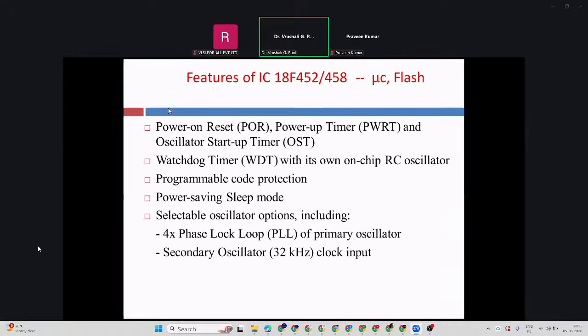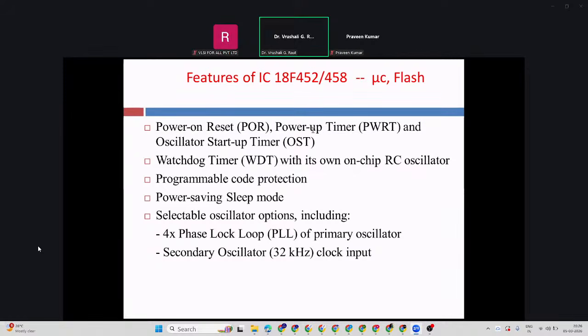Then, there are features of the microcontroller related to flash memory. Look, power on reset is there. Once you turn on the power, reset will happen. Power up timer is there, and oscillator startup timer is there.